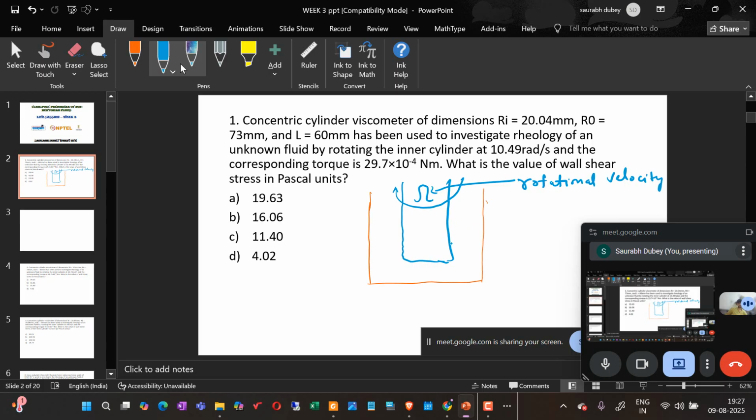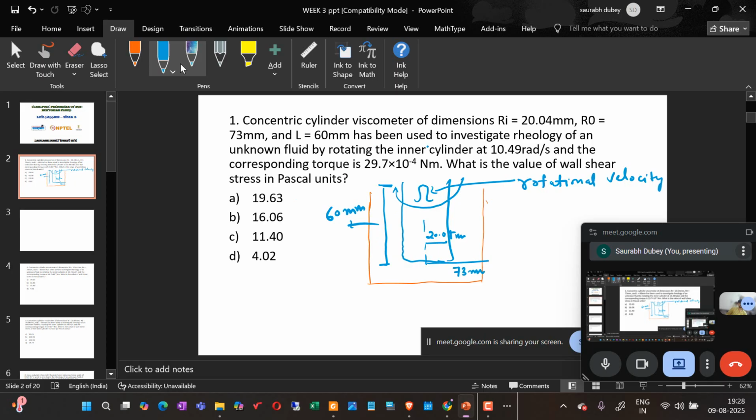So in this question, the inner radius is around 20.04 mm, and the outer radius is given as 73 mm. And the entire length of the tube is 60 mm, right? So this is the instrumentation and the dimensions of the instrument.